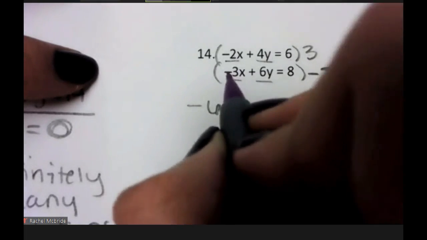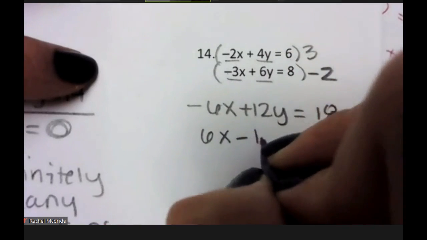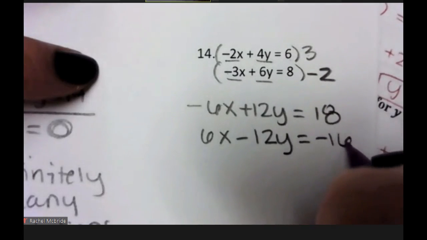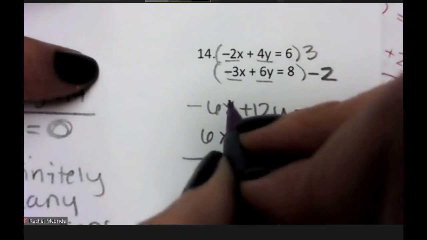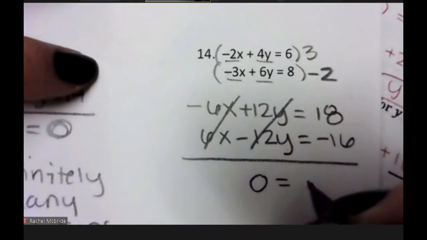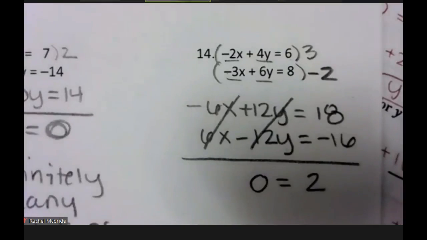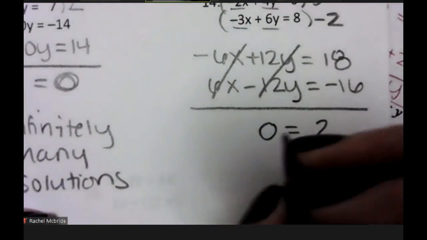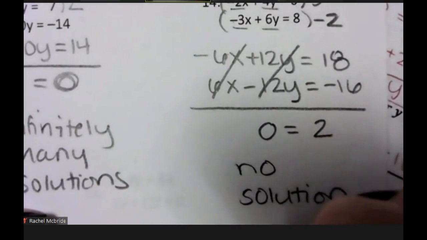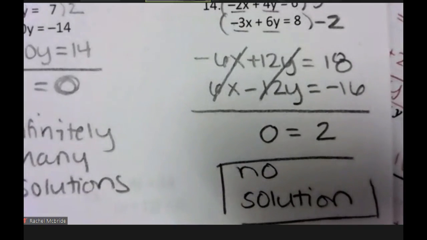So I get a positive 6. And once again, I get a case of 0 equals a number. 0 is never equal to a number. So we have no solution.